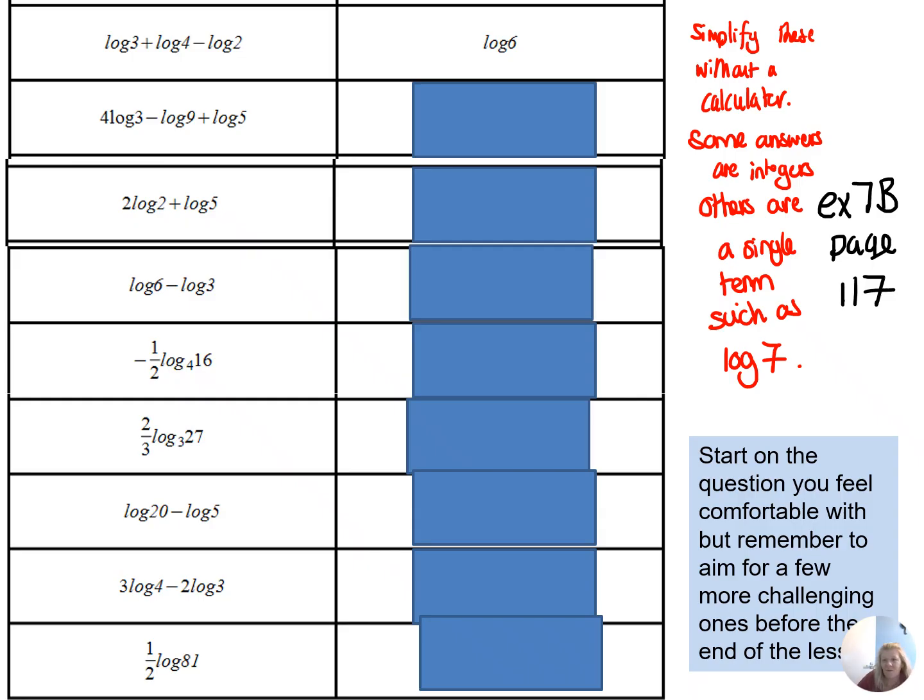Go and get yourself one. Start on a question you feel comfortable with, but make sure you push yourself towards the end of the lesson. Looking at this video, it seems to be 47 minutes, so there should be a good amount of time for you to do a few questions.